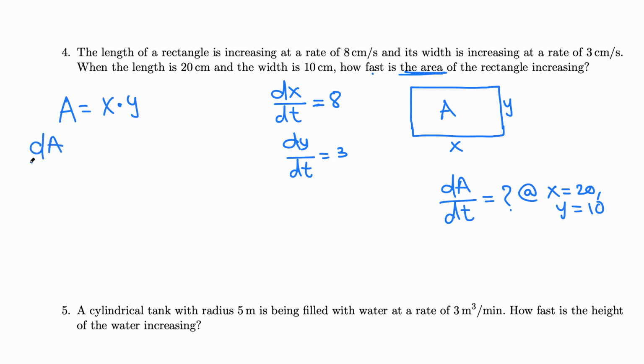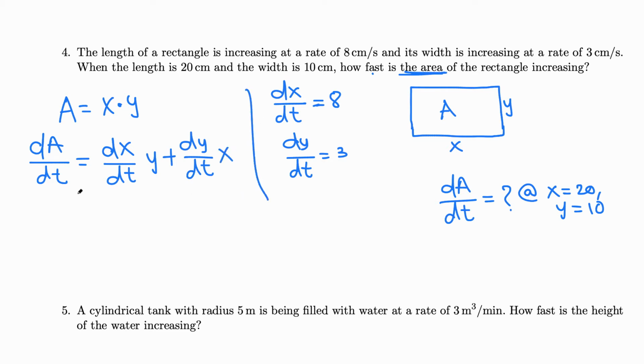That's dA over dt equals, using the product rule, we find the derivative of first, dx over dt, leave y alone, plus take the derivative of y, leave x alone. So this is how we use the product rule.